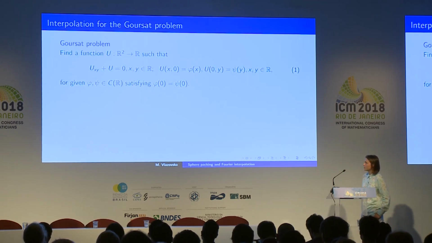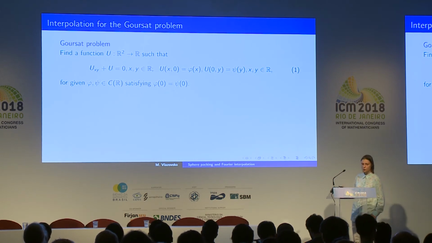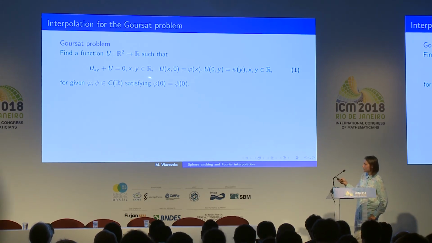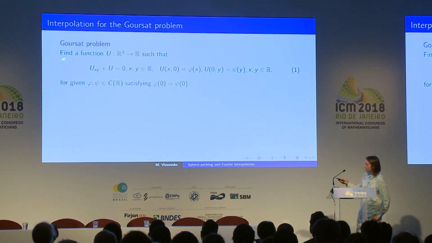So let me start with the interpolation formula. Maybe I'll go over it quickly. The Goursat problem is a boundary value problem for a differential equation, which is a hyperbolic differential equation. Sometimes it's called the canonical telegraphist equation, or telegraph equation.